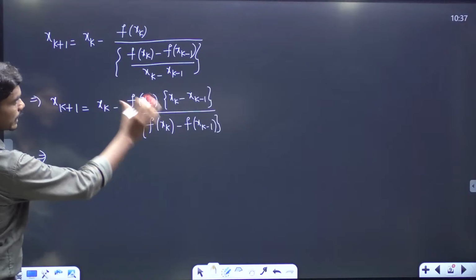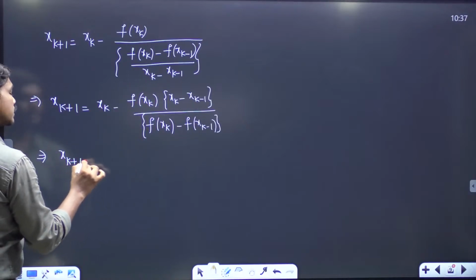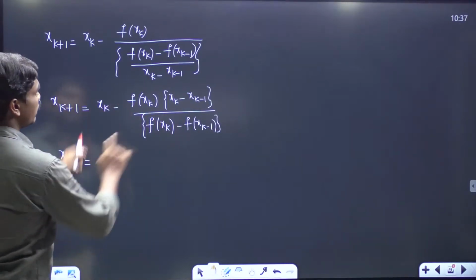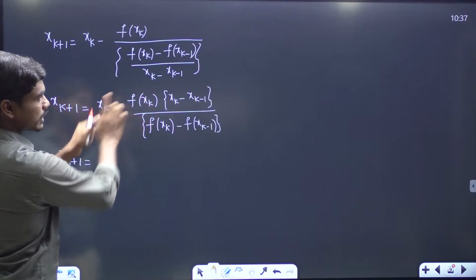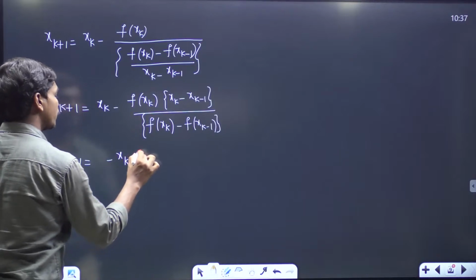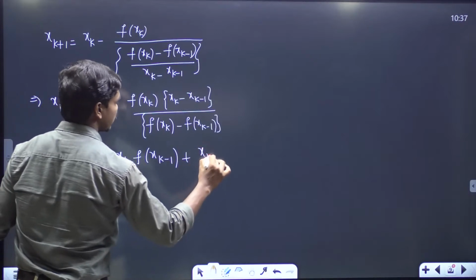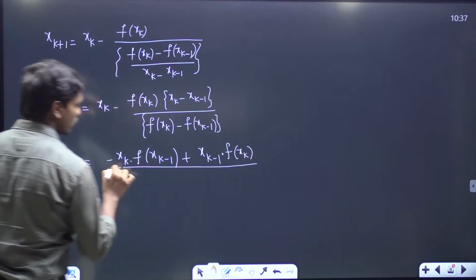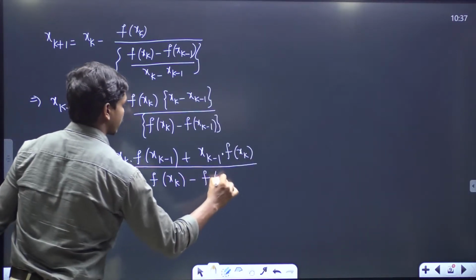So if you take LCM, on the right hand side, xk plus 1 is equal to, now if you multiply this complete term with this xk, when you are multiplying here, xk into f of xk minus xk into f of xk will get cancelled. Correct? So we have minus xk into f of xk minus 1 plus xk minus 1 into f of xk divided by f of xk minus f of xk minus 1.